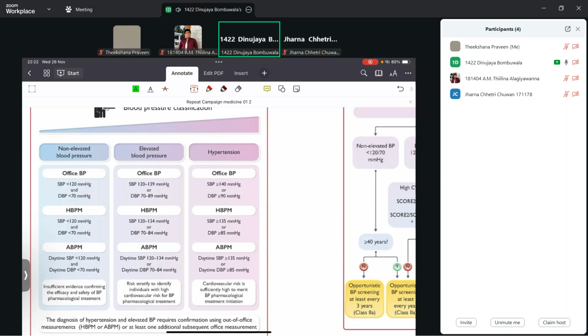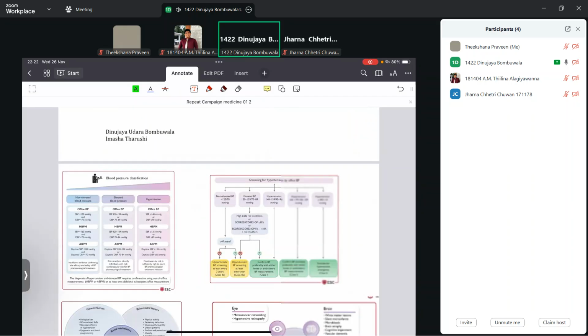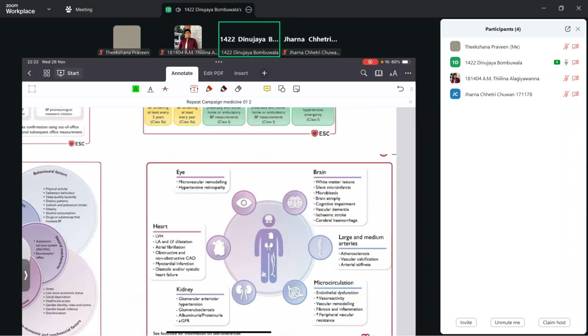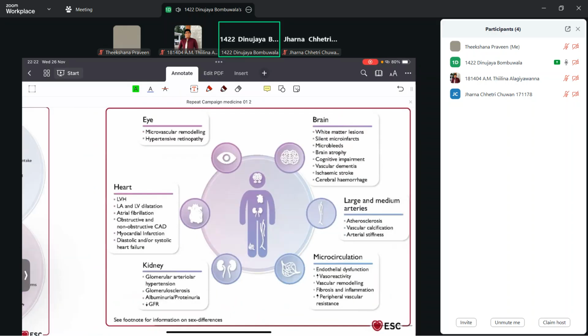But we don't have to know the different cutoffs. The important one is the end organs which can get damaged in hypertension, both in hypertensive emergencies and long-term hypertension.